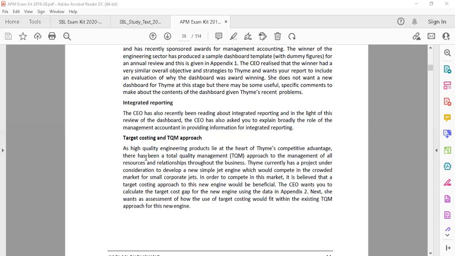In order to compete in this market, it is believed that a target costing approach to this new engine would be beneficial. The CEO wants you to calculate the target cost gap for the new engine using the data in Appendix 2. Next, she wants an assessment of how the use of target costing would fit within the existing TQM approach for this new engine.